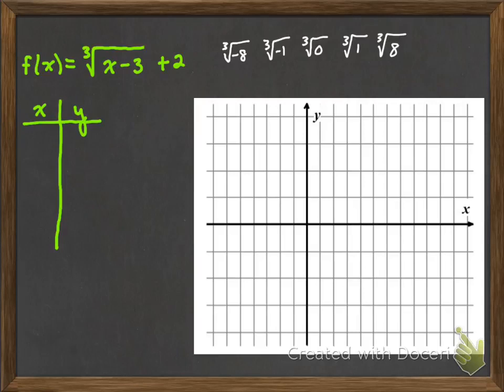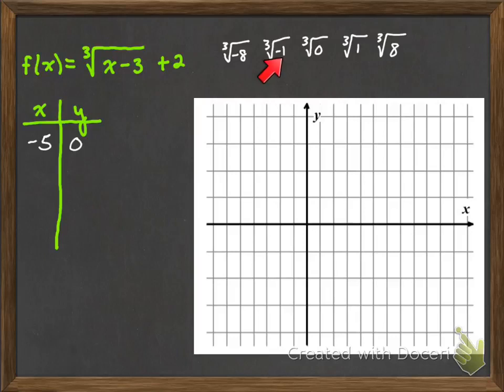So in order to get a cube root of -8, we need an x value to be -5, because -5 minus 3 would be -8. Cube root of that is -2. Plus 2 gives you 0.